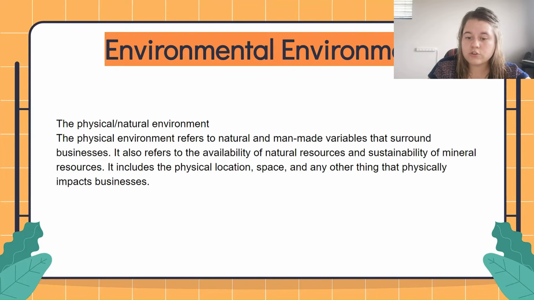It also refers to the availability of natural resources and sustainability of mineral resources. It includes the physical location, the space, and any other thing that physically impacts a business. So an example here, an earthquake. Think about how that's going to physically affect the structure and the building of the business.